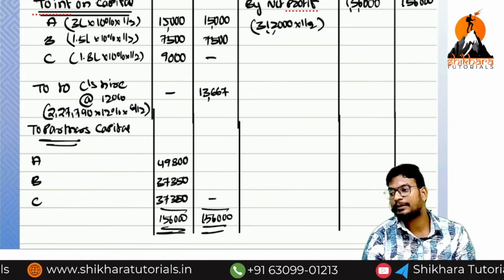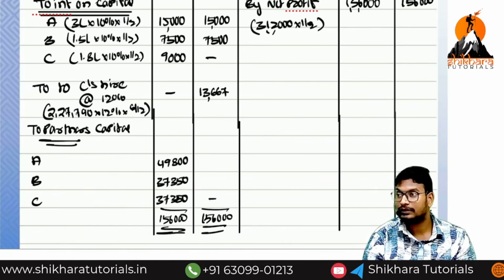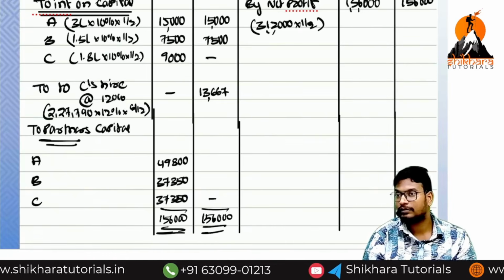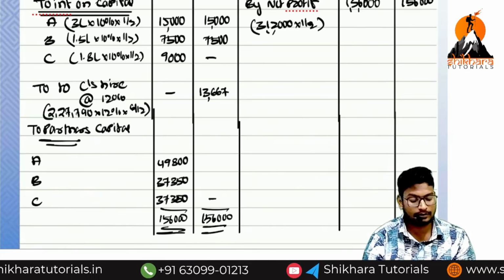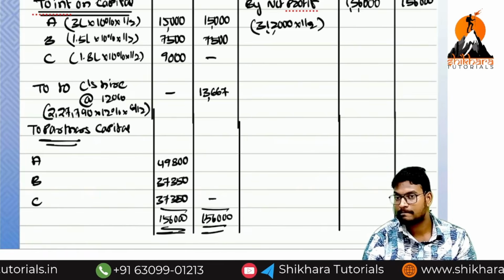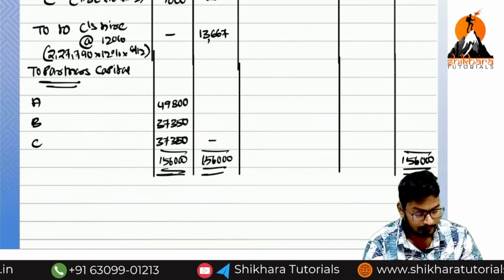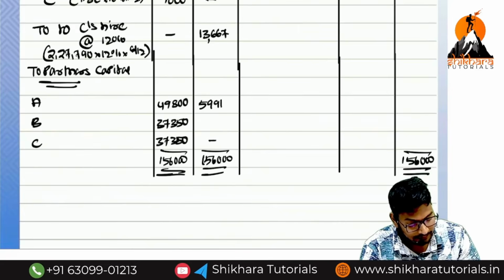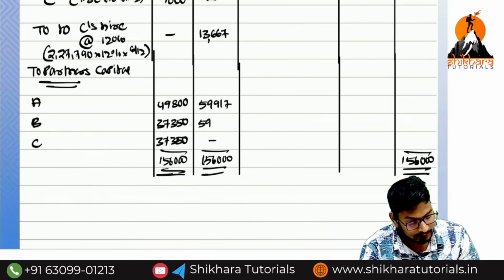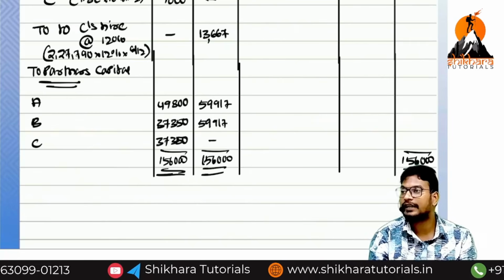So what is the proportion? 1:1. New ratio, amma. 1:1 divided by 2. How much? 59,917. And here also how much, amma? 51,917.